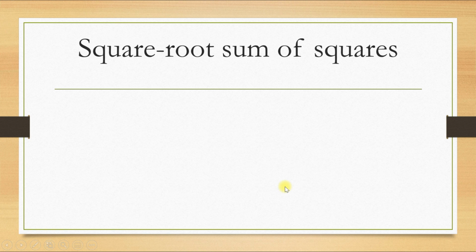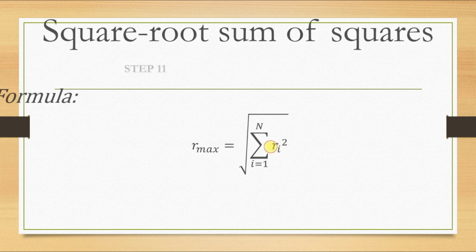So for the square root sum of squares, we will use this formula. The R max, or the maximum response, equal to the square root of the sum of the squares of the responses. So this is the general formula for the peak responses in computing the peak story forces, the peak story shears, and the peak story displacement.